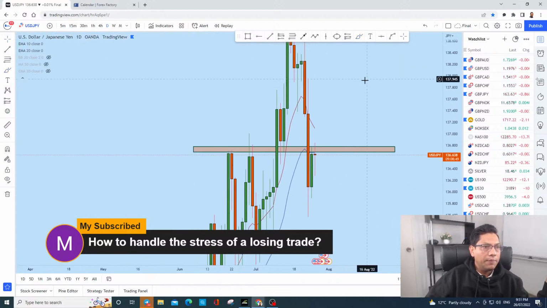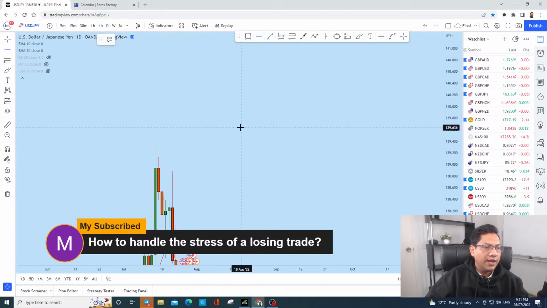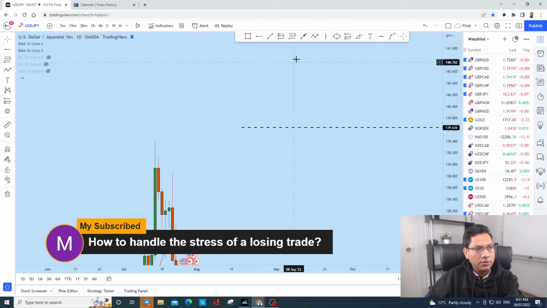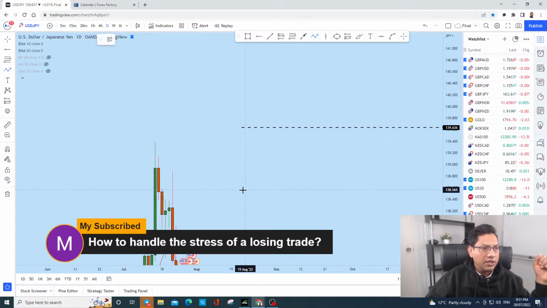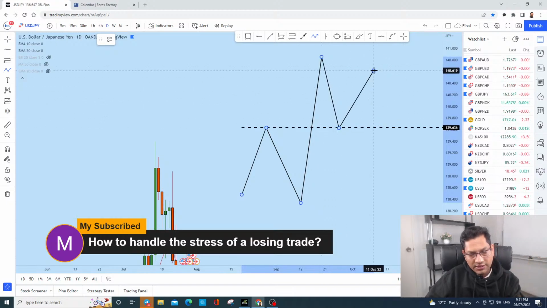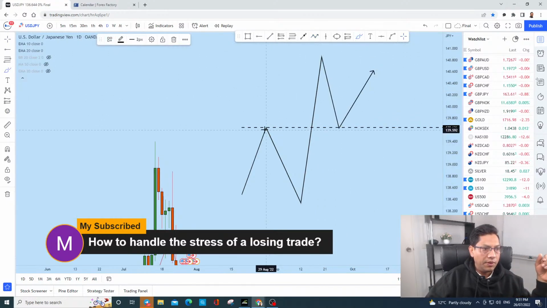Keep in mind, when you see a level act as a resistance, then the price breaks above and it acts as a support, that's a very, very strong level. This is called a mirror level. So resistance, support, that's a strong level.